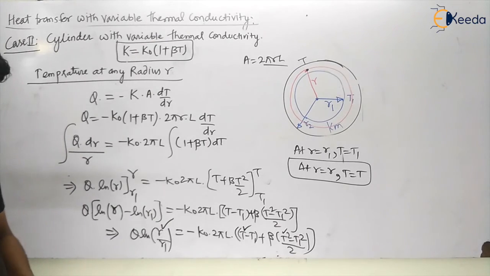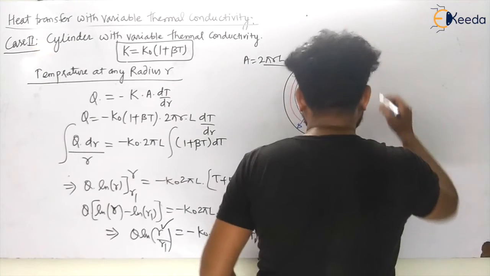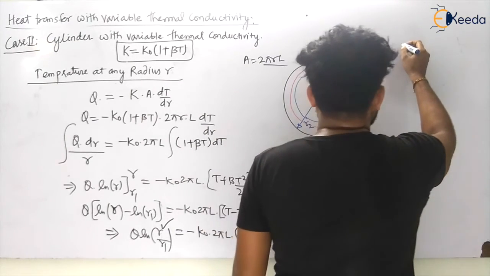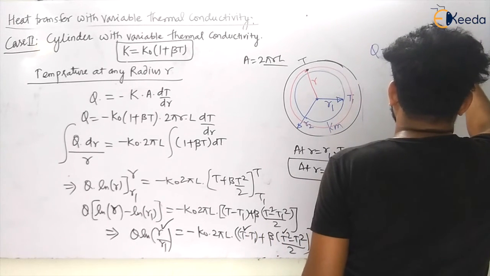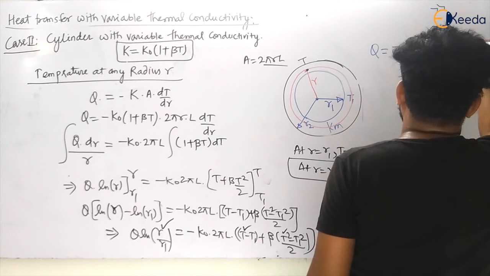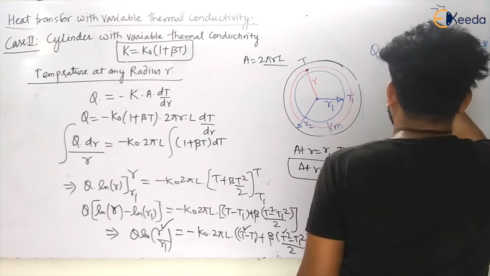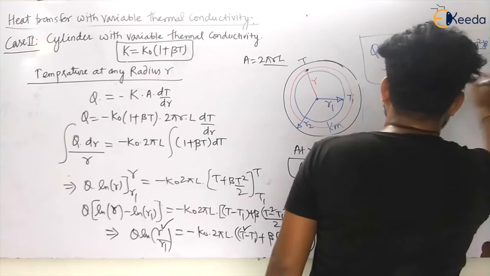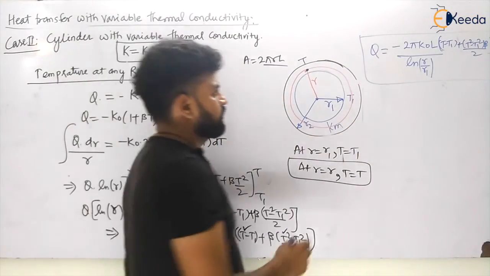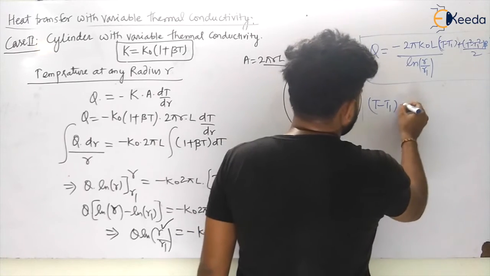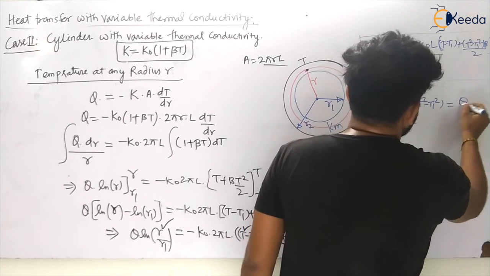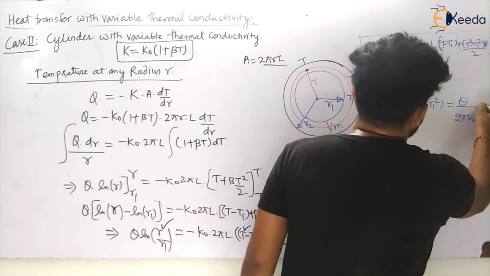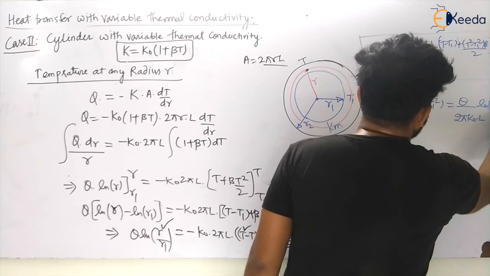Temperature at any radius r will be given by, if you know the heat transfer, T minus T1 plus beta times T square minus T1 square by 2 is equal to Q by 2 pi K naught L into ln of r by r1.